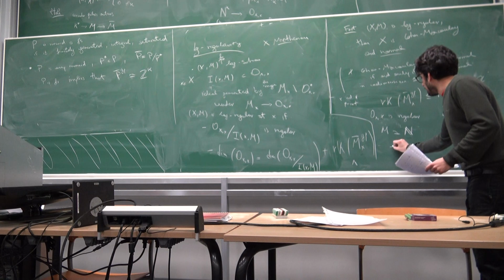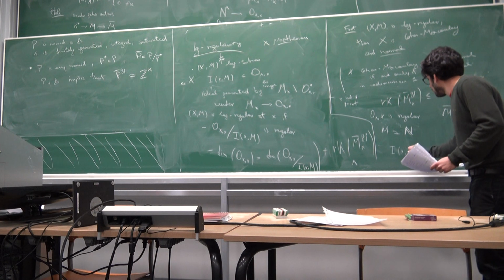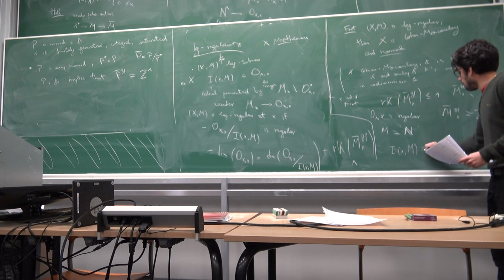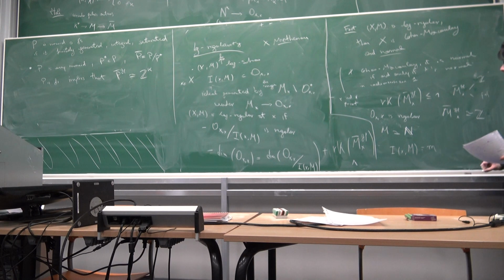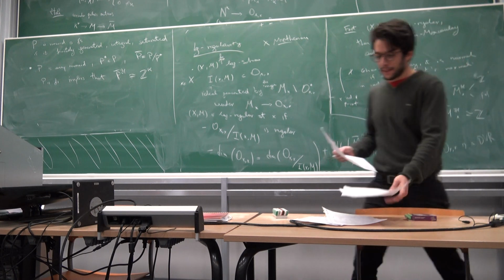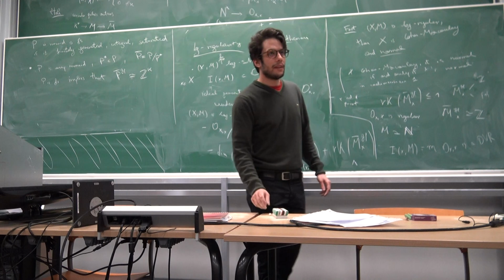So the ideal equals the maximal ideal in my local ring, and is generated by the image of N. So this says that it's a principal ideal, and so it is a DVR. So regular, and therefore our X is normal. And then I had some other page, but I will stop here, I think.